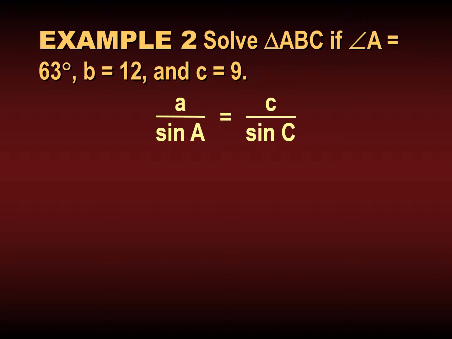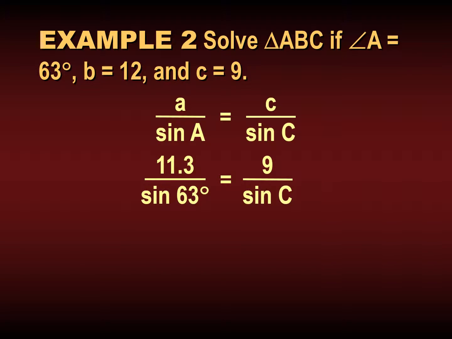So I'm going to use this proportion. Side A over sine of angle A equals side C over sine of angle C. So 11.3, which was side A, over sine of 63 equals 9 over sine of C. So I'm solving for sine of C. So I'm going to cross multiply.